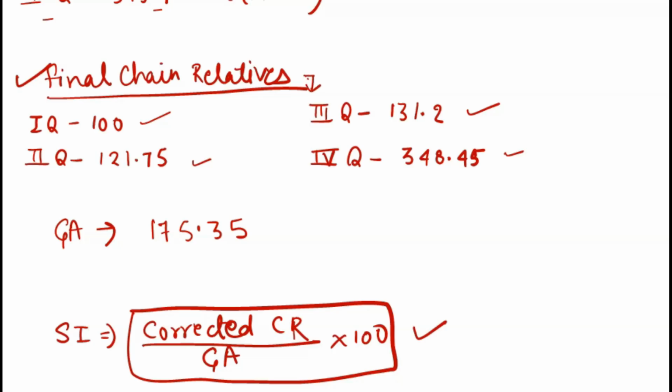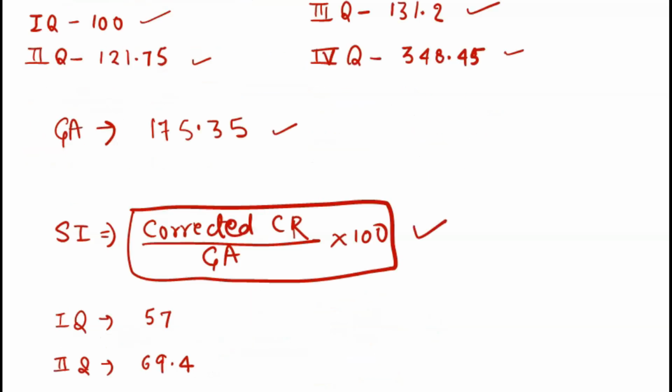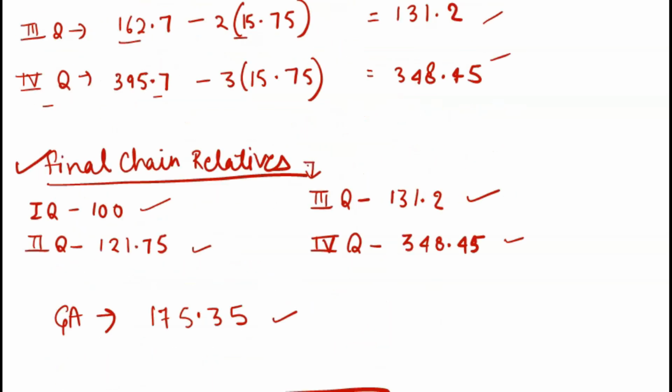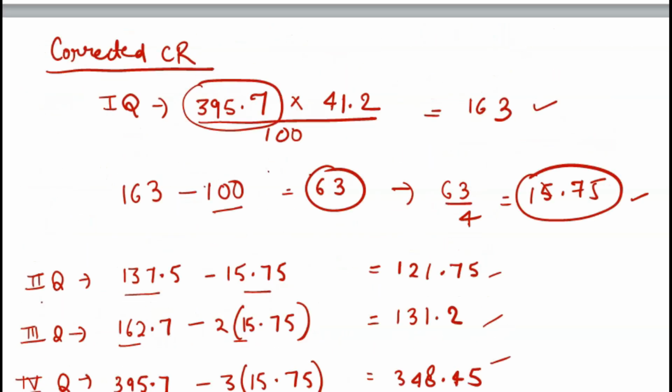Then general average we have got and then multiplied by 100. This we will do, then we can solve it like this. So we will get this as the final answer. These are the seasonal indices. The main thing is finding the seasonal indices. That is it. And the rest we can do. So finally we have to find out the seasonal indices.